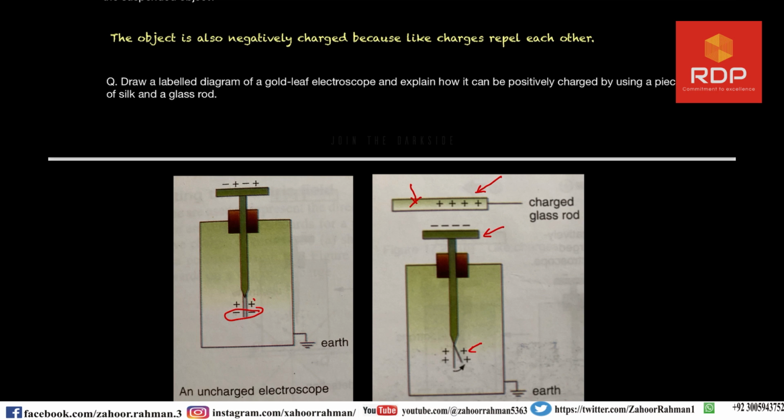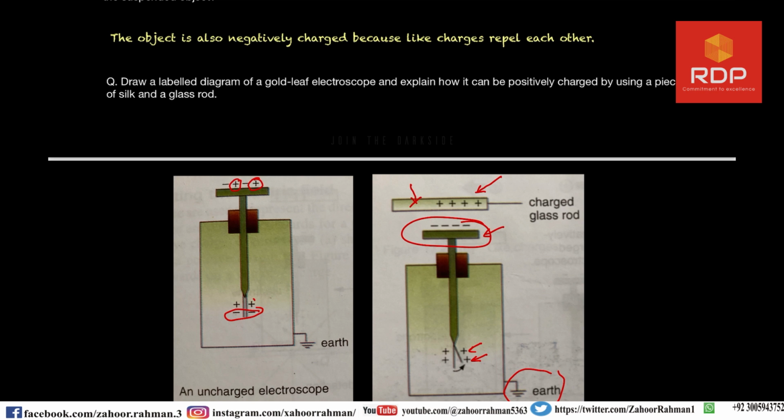And similarly, these positive charges, when interacting with the glass rod, will be repelled and go to the gold leaves due to the repulsion phenomenon, and through the earth the negative charges will be neutralized and only positive charges will remain on the gold leaf.